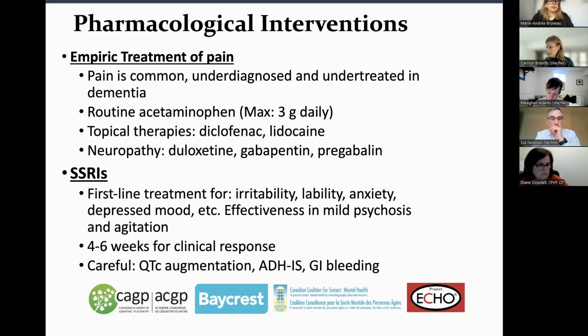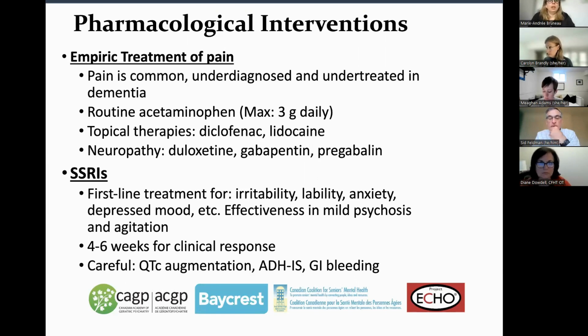SSRIs, which are a class of antidepressant medication, are first-line treatment for symptoms like irritability, lability, anxiety, and depressed mood. There is some literature that compared SSRIs with antipsychotic medication in BPSD patients, and they were effective to the same level as antipsychotic medication in mild psychosis.